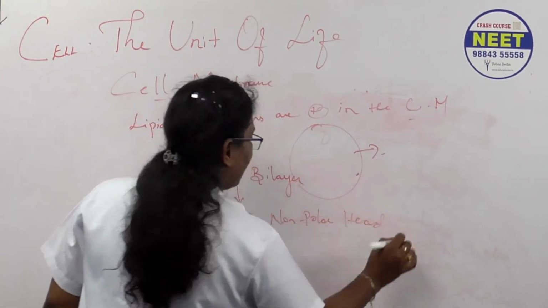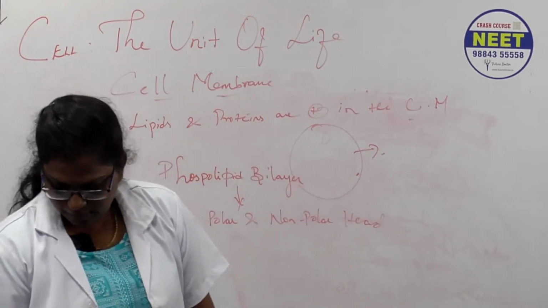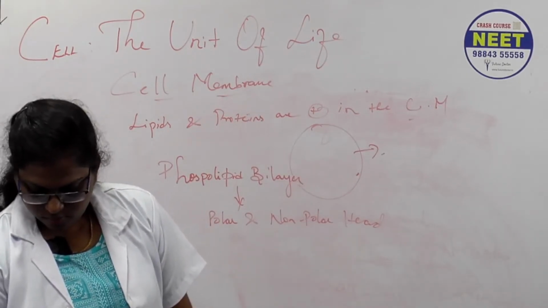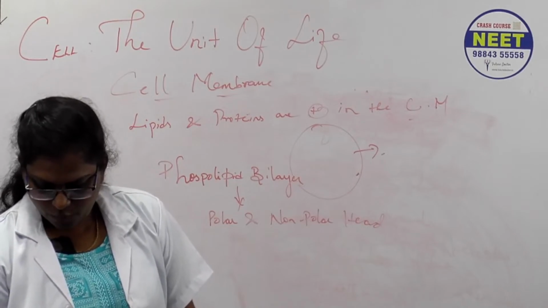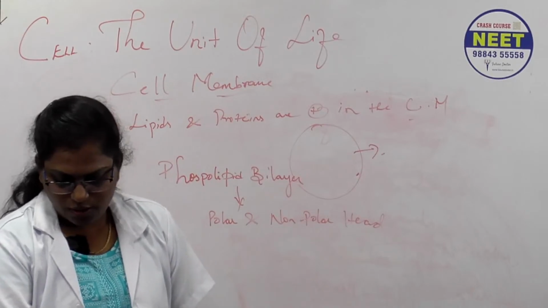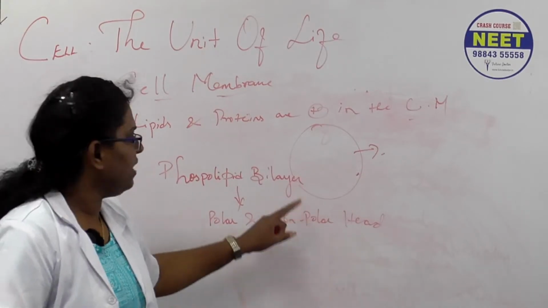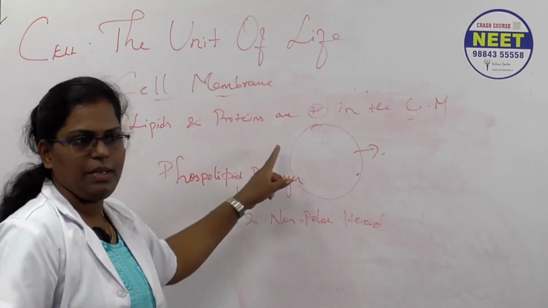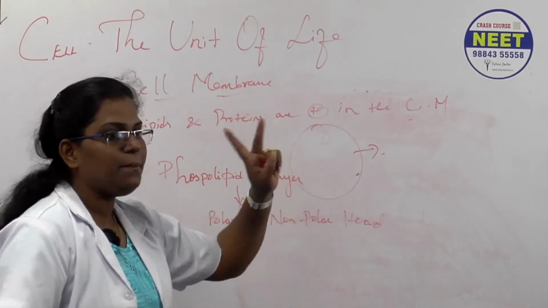What is polar and non-polar? How is it? So we will see. Also, the lipids are arranged within a membrane with the polar head. We have seen that the lipid is present in the phospholipid, so it is having a bilayer.